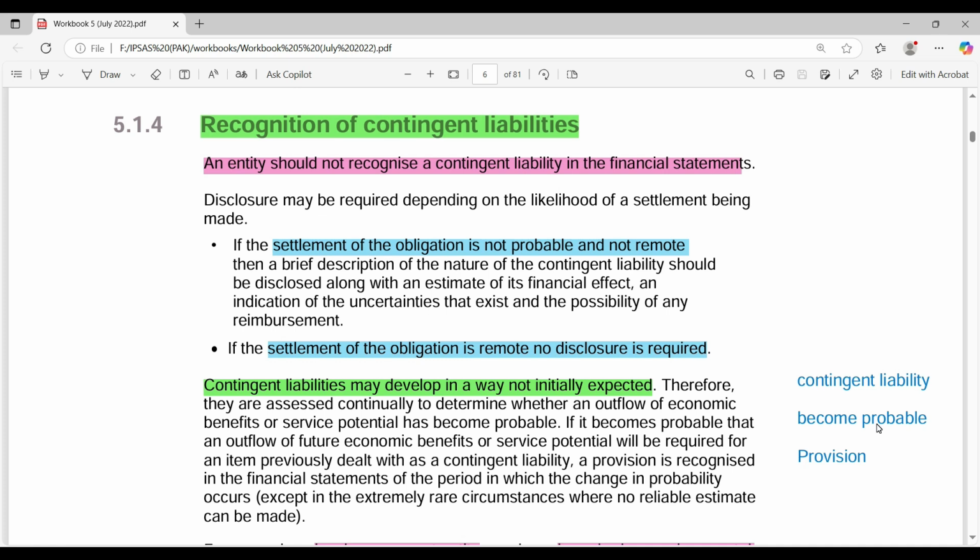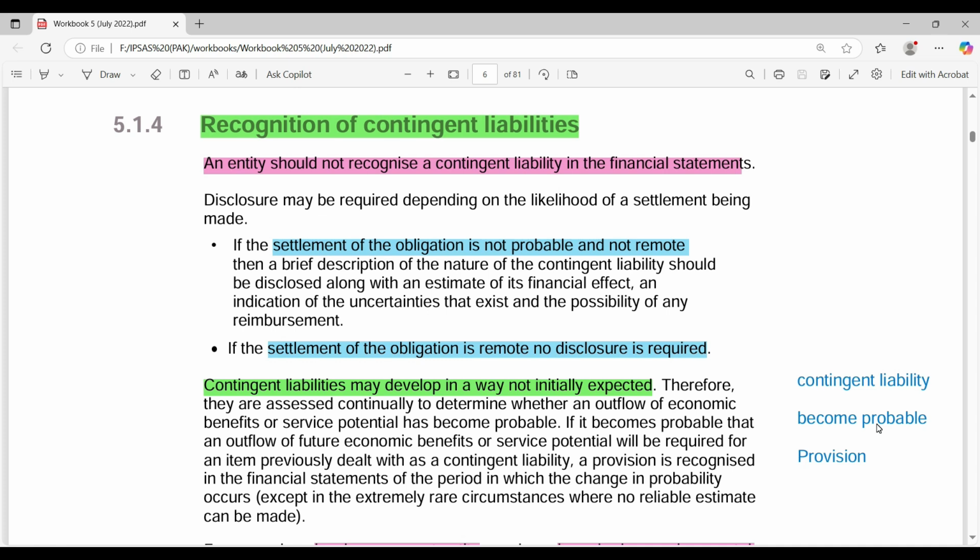Now, how to recognize contingent liabilities? Recognition of contingent liabilities. An entity should not recognize a contingent liability in the financial statements. Disclosures may be required depending on the likelihood of a settlement being made.